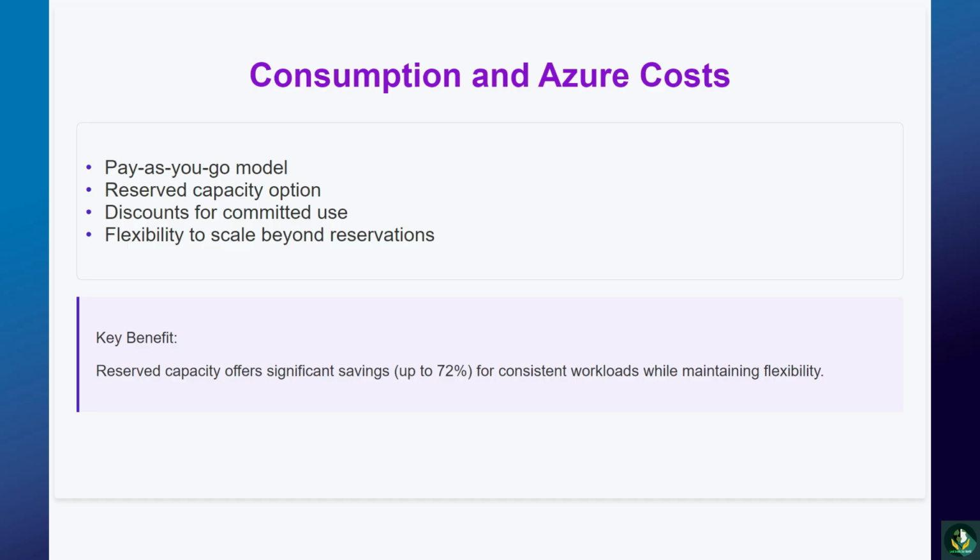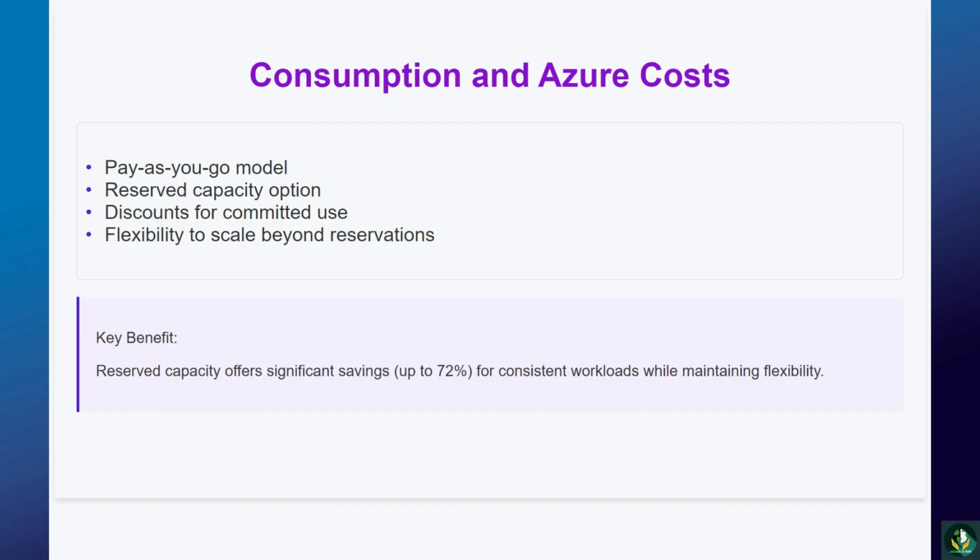Enter the concept of reserved capacity. This option allows you to commit to using a predetermined amount of cloud resources in advance in exchange for significant discounts. These discounts can be substantial, reaching up to 72% in some cases, making it an attractive option for organizations with stable, consistent resource needs.